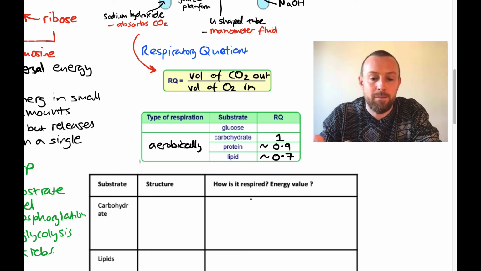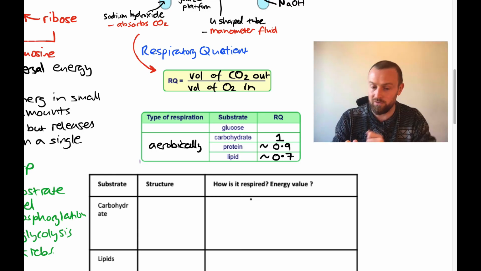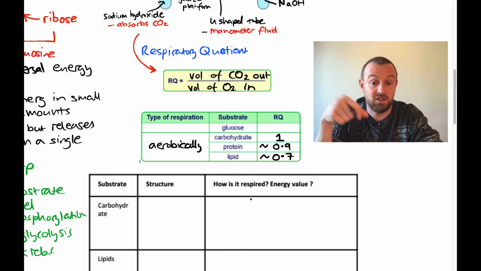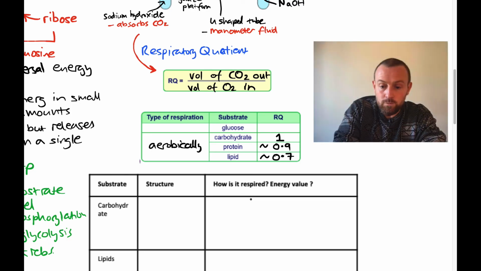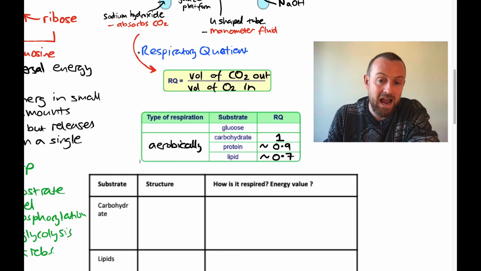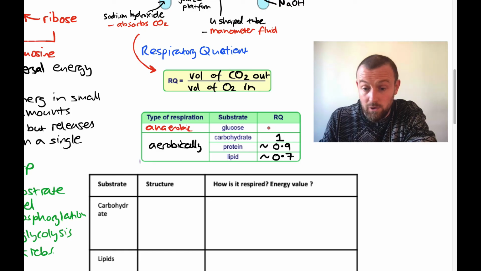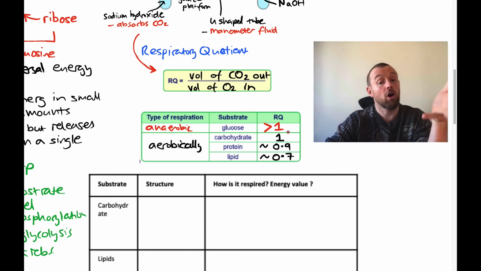But if we use different chemicals, the stoichiometry of the chemical reaction changes a bit, which gives us a different number in the ratio of carbon dioxide produced over oxygen in. And if oxygen isn't being used, if there's anaerobic respiration going on, then the RQ value would be bigger than 1. So above 1, that's the mathematical symbol. So we can tell a lot using the RQ value.